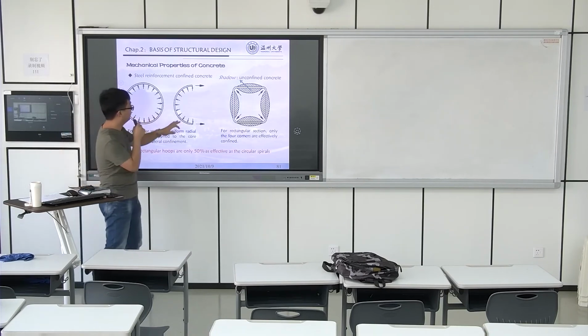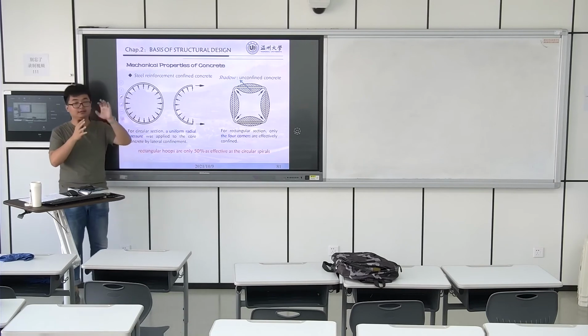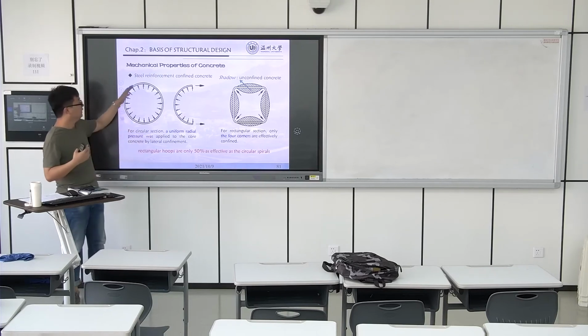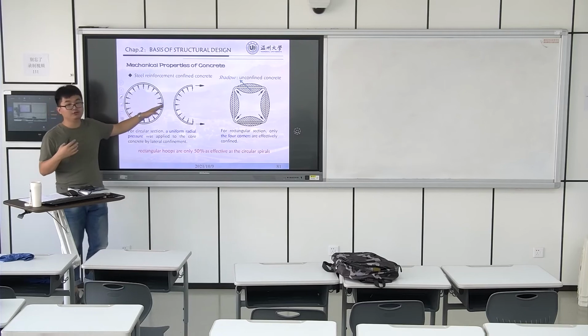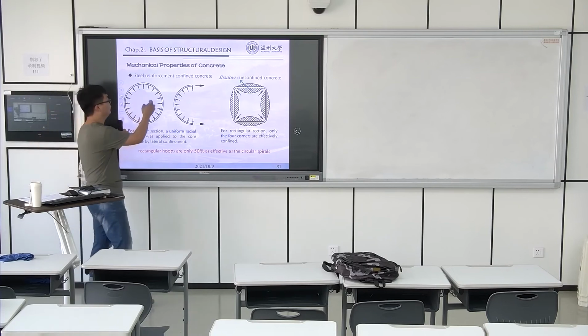Oh, look at here. This is the tube. We pour the concrete in. When the concrete is under the compression load, it will deform in the transverse direction. The deformation will be larger, but it is restricted by the steel tube. The steel tube gives the concrete this direction load, right?